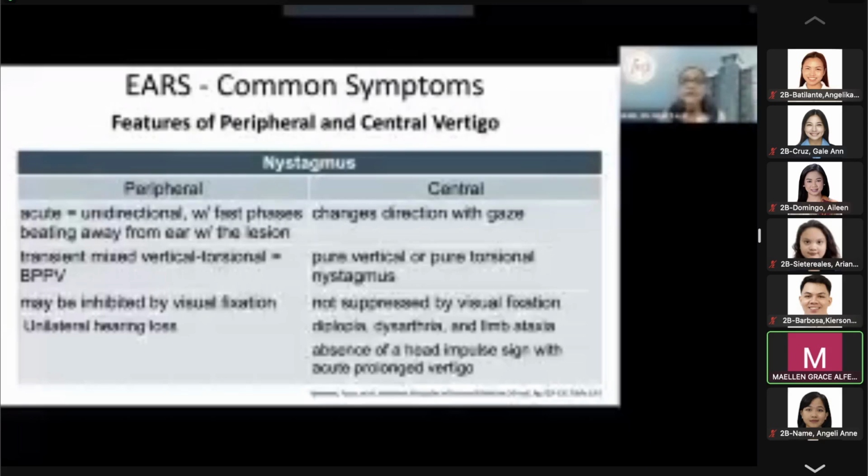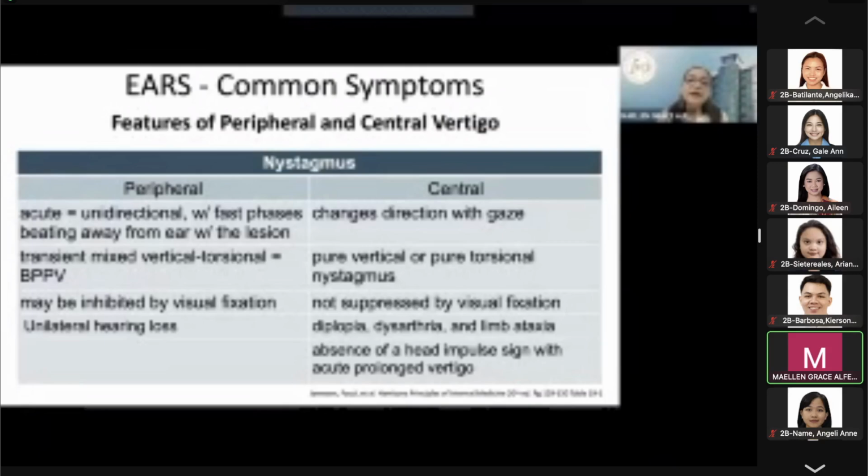So if you try to move the gaze of the patient, the nystagmus also changes. Now, it can be pure vertical or pure torsional nystagmus and is not suppressed by visual fixation. So even if you ask the patient to look at one certain point, usually the nystagmus persists. And it is usually accompanied by diplopia, doubling of vision, dysarthria, and limb ataxia.